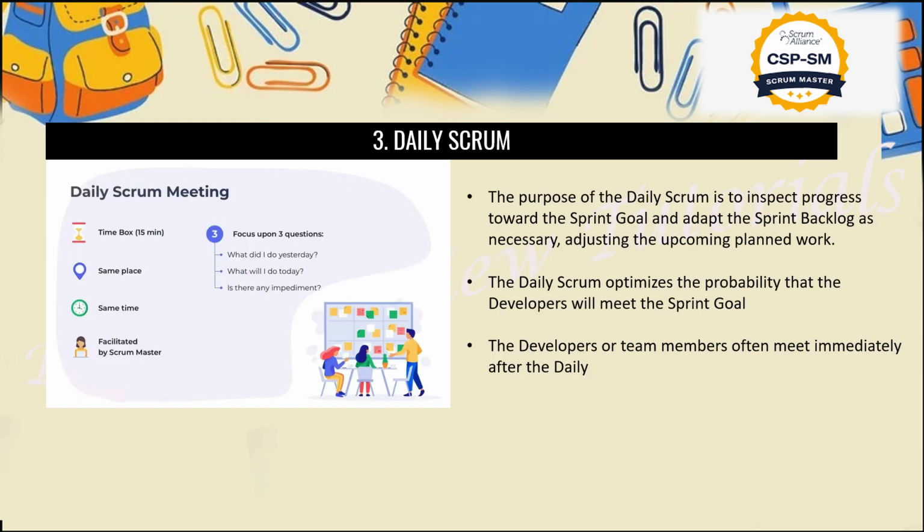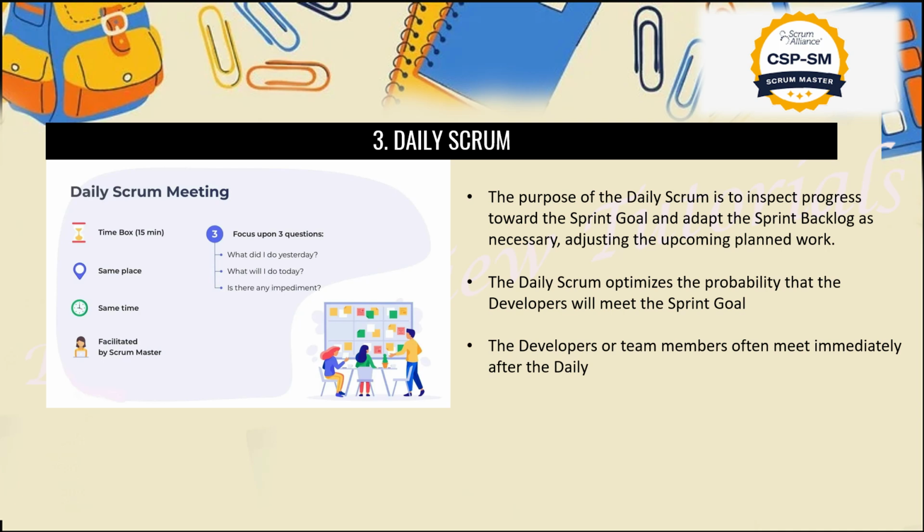Next important part, the daily scrum. In one word, every day there will be a 15 minute meeting with the entire team to discuss what work we have completed so far in this particular day, what work is planned, and what we are going to pick up in the upcoming day. Everything will be discussed in this scrum meet. Make sense? It will be for 15 minutes.